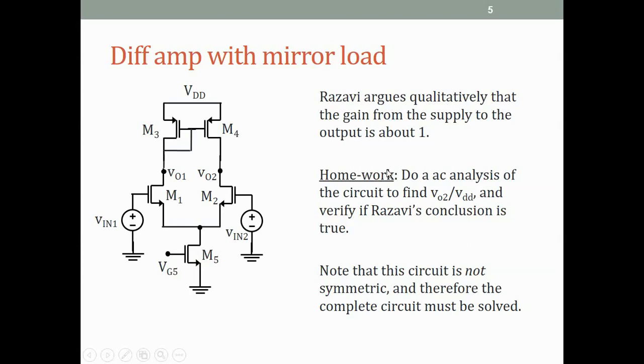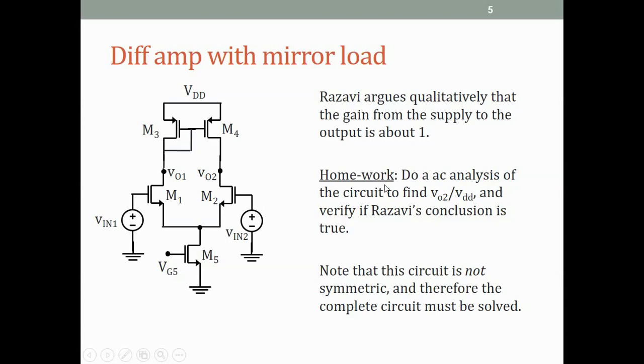What I want you to do, and as I said, these are simple circuits, is do a DC analysis of this circuit. Apply an AC at the power supply. Make the gates of M1, M2 ground, and the gate of M5 ground. Solve the AC circuit, find VO2 over VDD of the AC, and see if the gain turns out to be about 1.